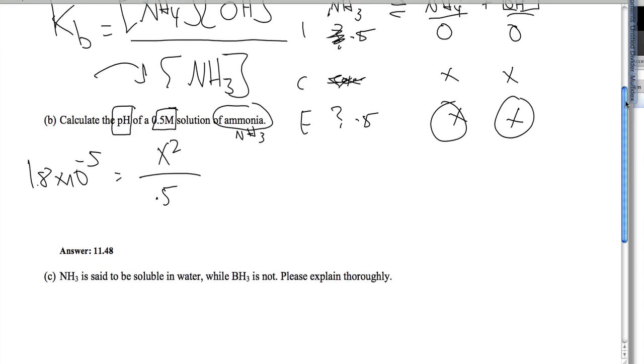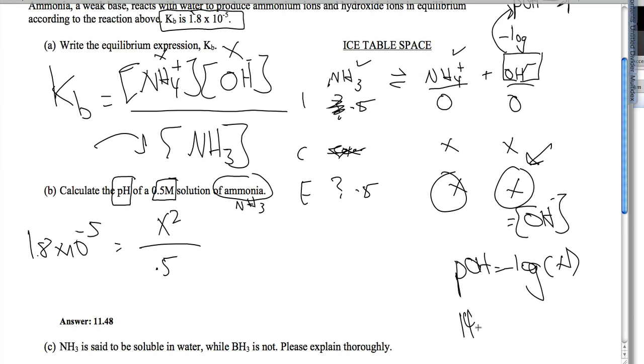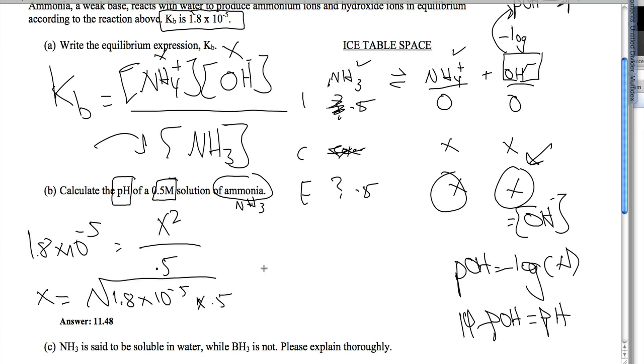Okay? So all I have to do is solve for X. X is going to be equal to the OH minus concentration. And I know that POH equals negative log of X, and I know that 14 minus POH equals pH. So I'm going to go through and solve for X. X is going to be equal to the square root of 1.8 times 10 to the minus fifth multiplied by 0.5.